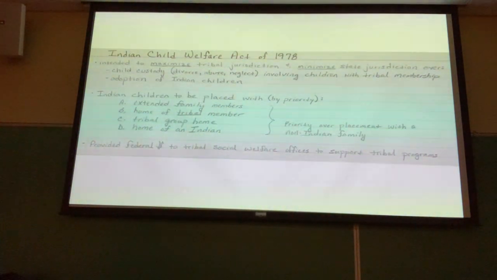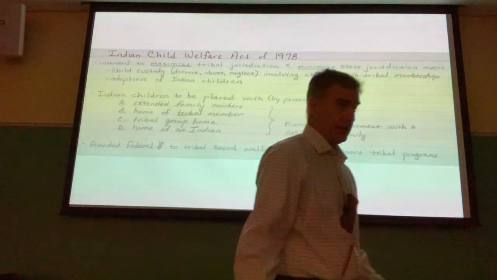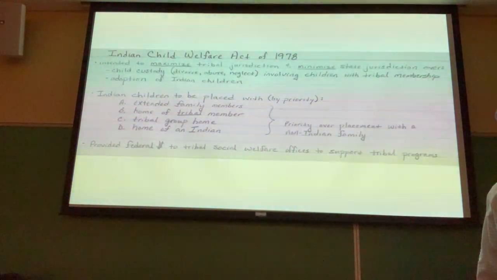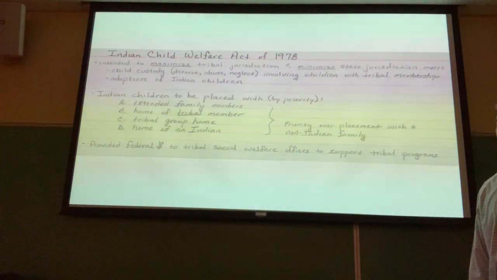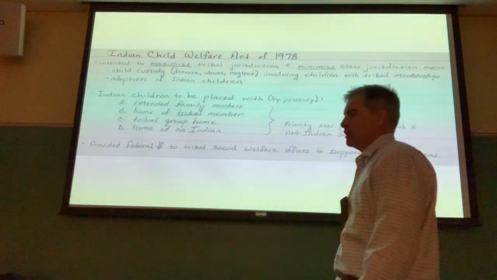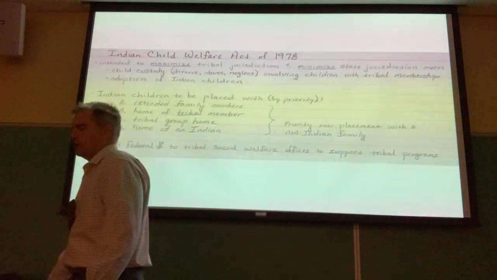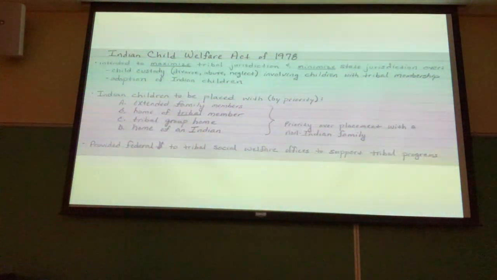Now, it's kind of strange. In my own family, I have a cousin who was adopted, who was Arapaho, I believe. I can't really remember. I believe he's a full-blood Arapaho, adopted by my aunt. So it's a strange situation.